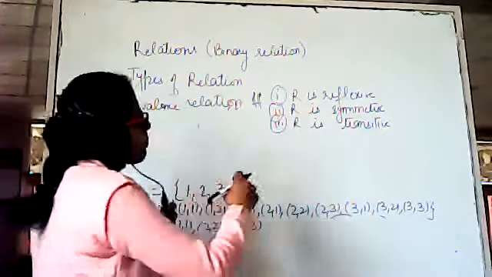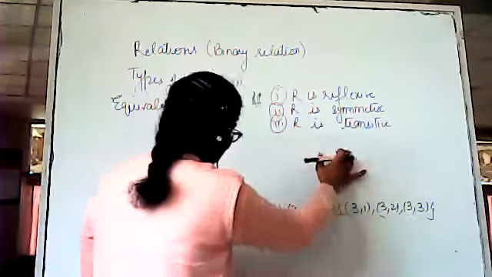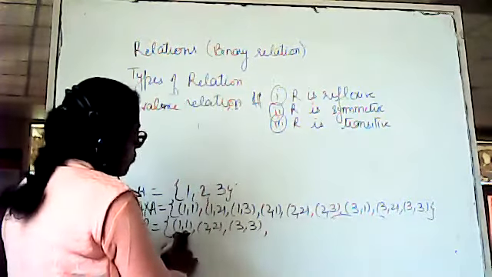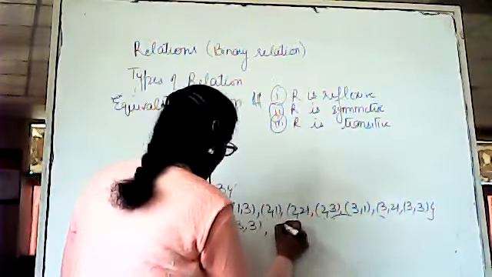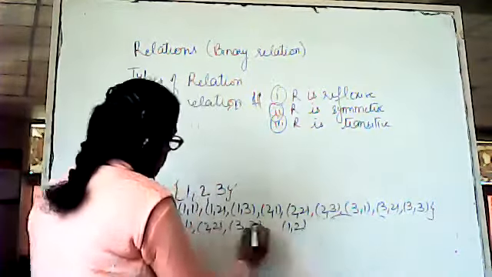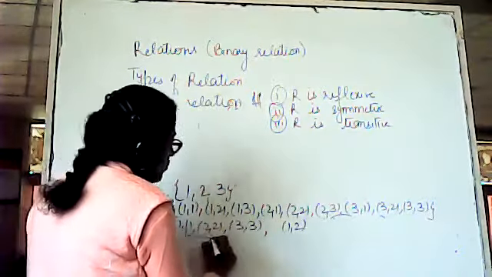After that, third property that R must be transitive. For transitive, let us suppose we are having 1, 1 and 1, 2. This second position and this first position is same. So new element will be 1, 2. This 1, 2 is here.